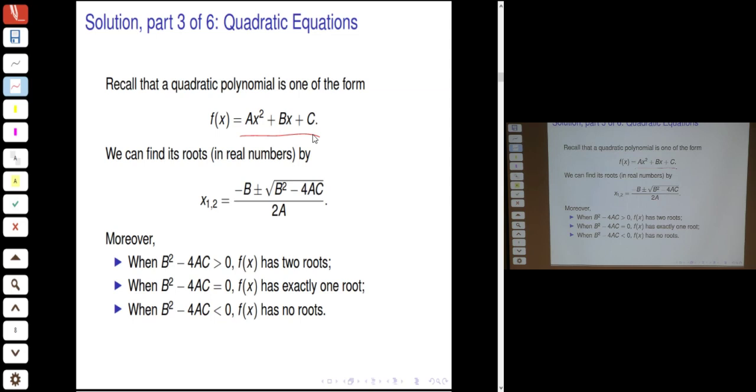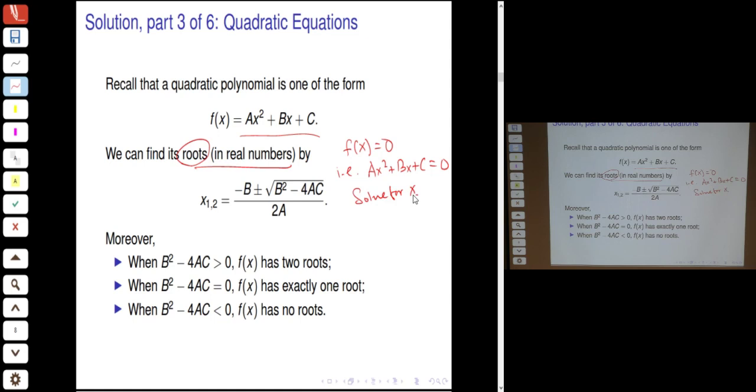Okay. So what do you mean by roots? Roots means that you put f of x equal to 0, that is ax squared plus bx plus c equal to 0, and solve for x.